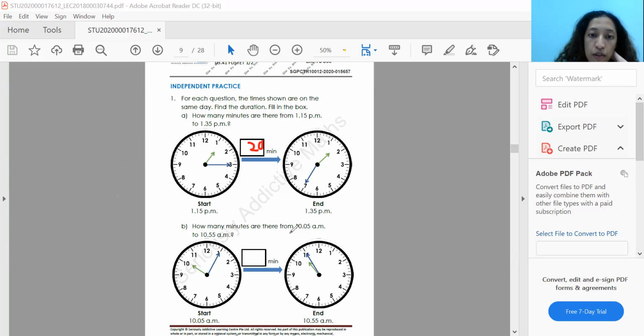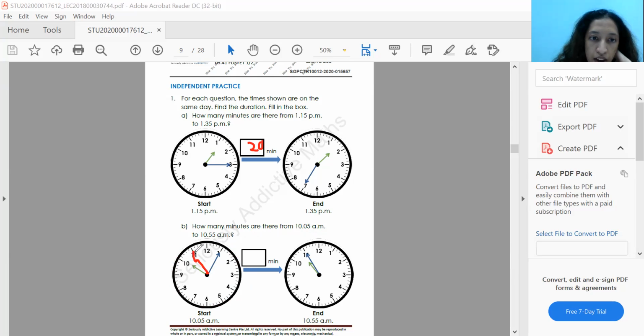So how many minutes are there from 10:05 p.m. to 10:55? 10:05 to 10:55. So let us see over here. 5, 10, 15, 20, 25, 30, 35, 40, 45, 50, correct? That's where it ended over here. So 50 minutes. Okay, let me go through again. So this is where it ended, right?